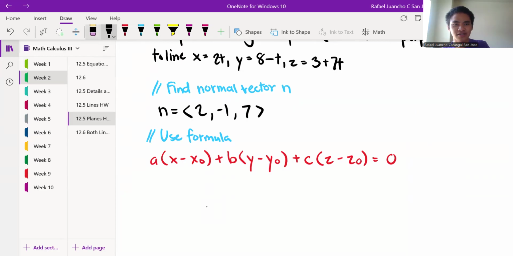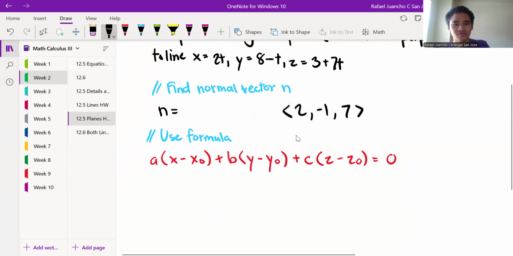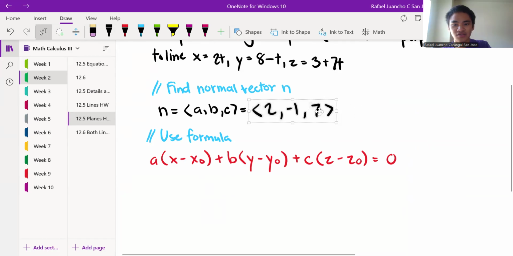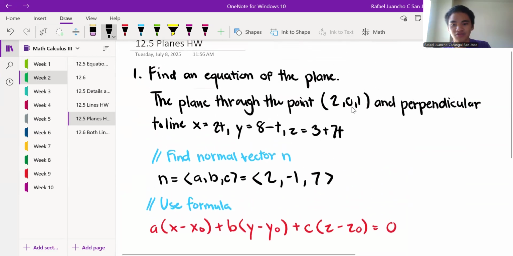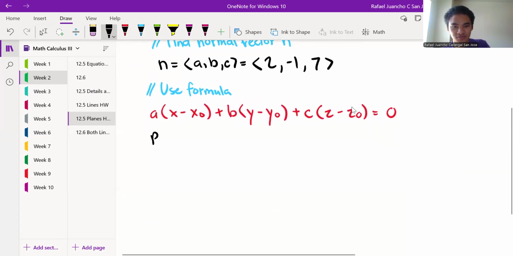We already have our n here, so I'm going to write it so that we know what we're talking about: A, B, C. A is 2, B is -1, and C is 7. And then we already have our initial point, which is (2, 0, 1).